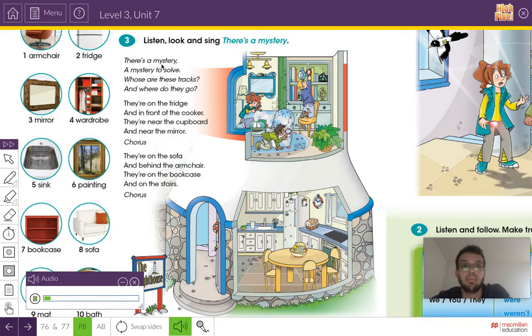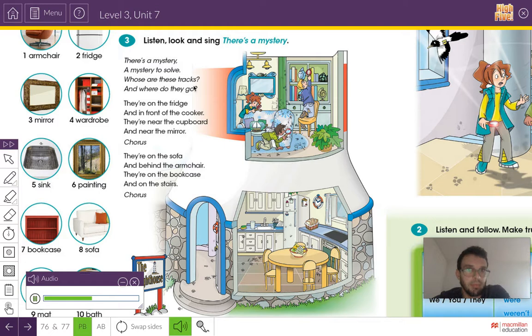There's a mystery to solve. Whose are these tracks and where do they go? They're on the fridge and in front of the cooker. They're near the cupboard and near the mirror. There's a mystery to solve.